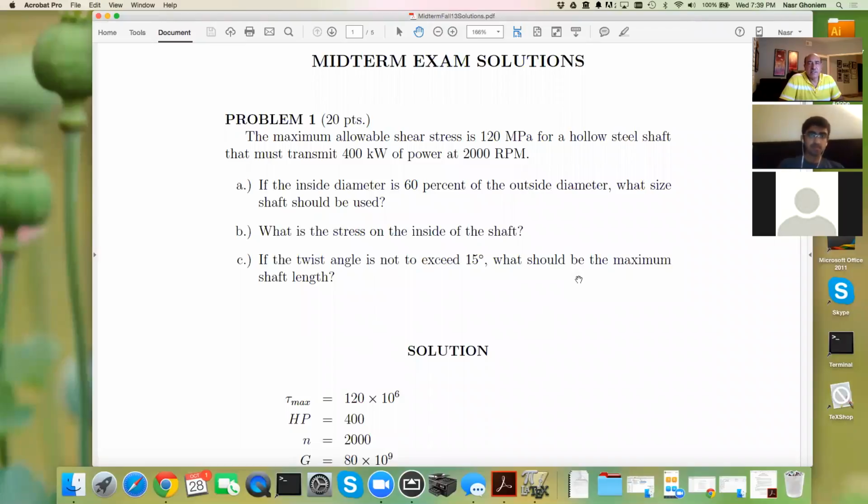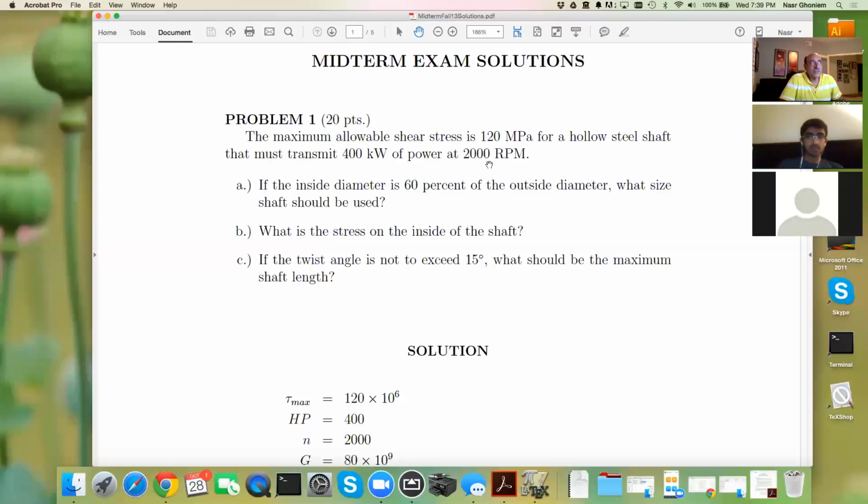Once we know the power, which is 400 kilowatts, and the RPM, we should be able to determine the torque. And once you know the torque, then you can use the equations for the shear stress and for the twist angle that we've learned in class. So it's a pretty straightforward problem.